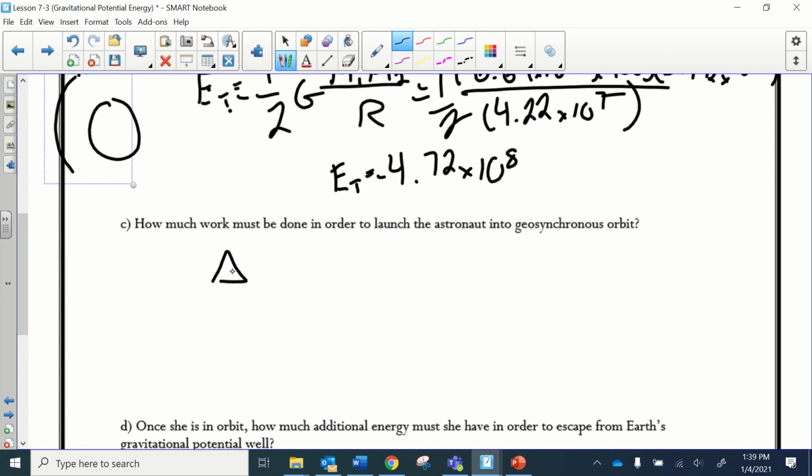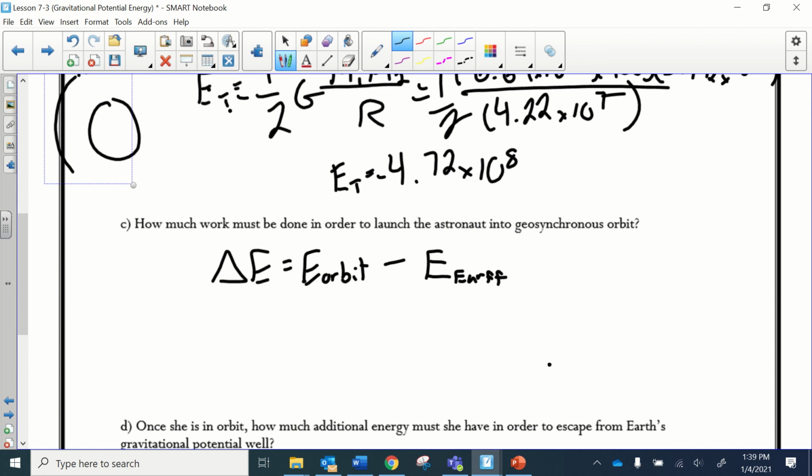Well, we know that the work is the change in energy, so that's going to be the energy when she is in orbit minus the energy while she is on the surface of the Earth. You can think of this as final minus initial.